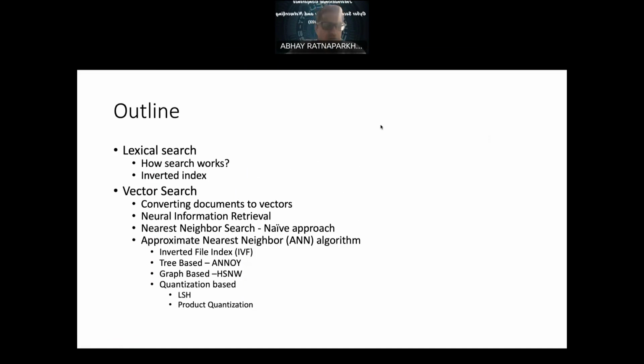Then we will go to vector search, see how we can convert documents into vectors, and neural information retrieval, how we can use neural networks and where in the information retrieval context. And then we'll move to nearest neighbor search and approximate nearest neighbors. And we'll see some algorithms in the approximate nearest neighbor search context.